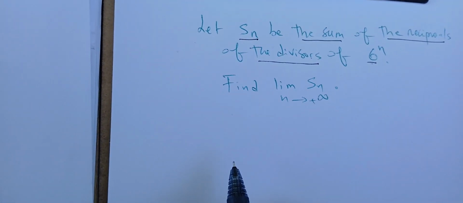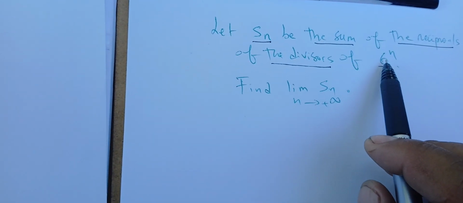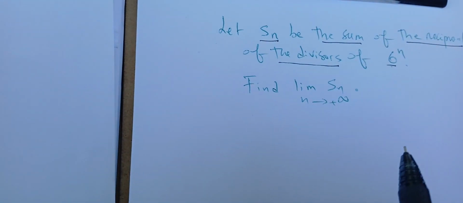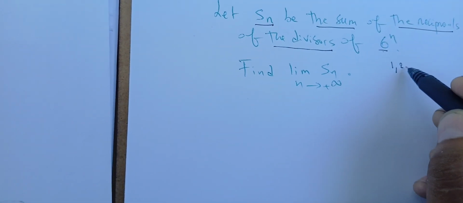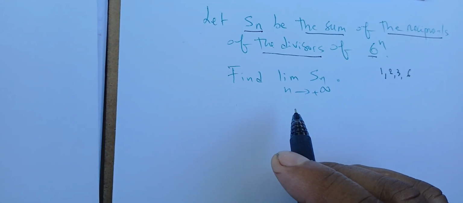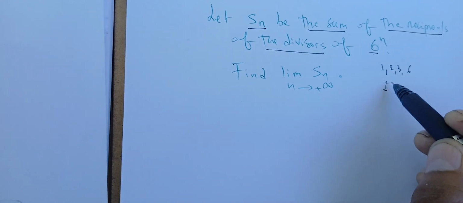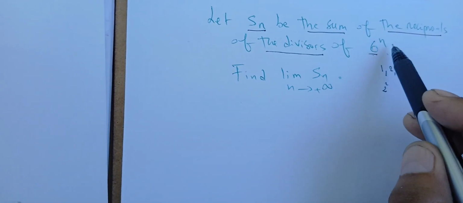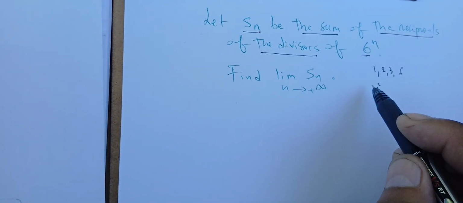Okay, so we're going to start from here. What are the divisors of 6, first, without the n? We have 1 divides 6, 2 divides 6, 3 divides 6, and 6 divides 6. Also, we have 2 squared, if we assume that this works.